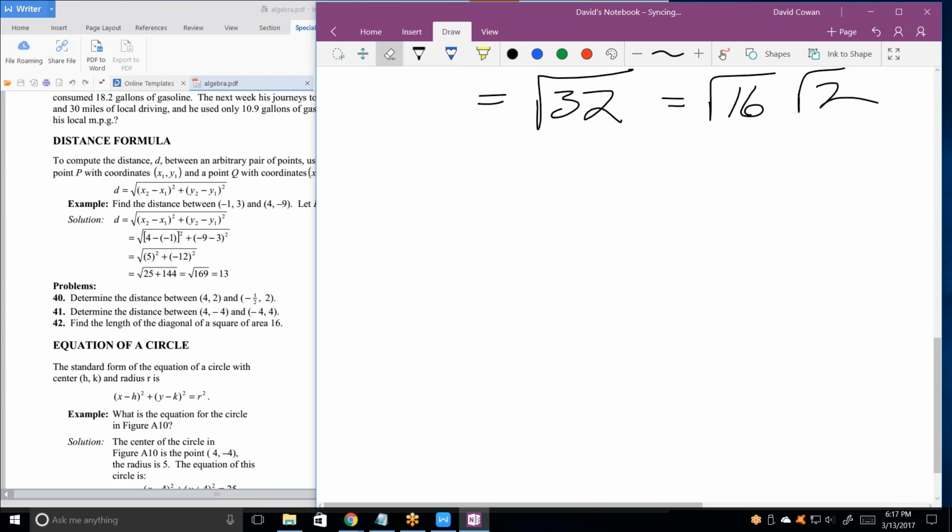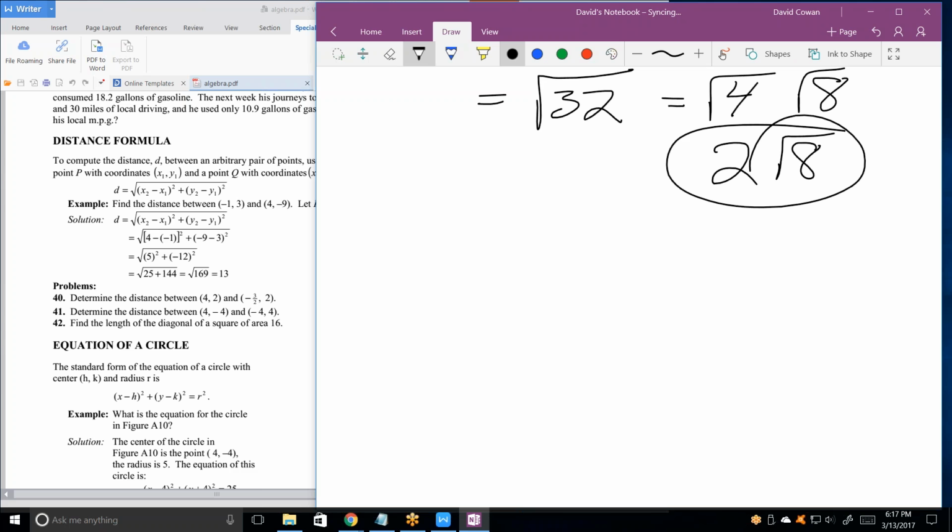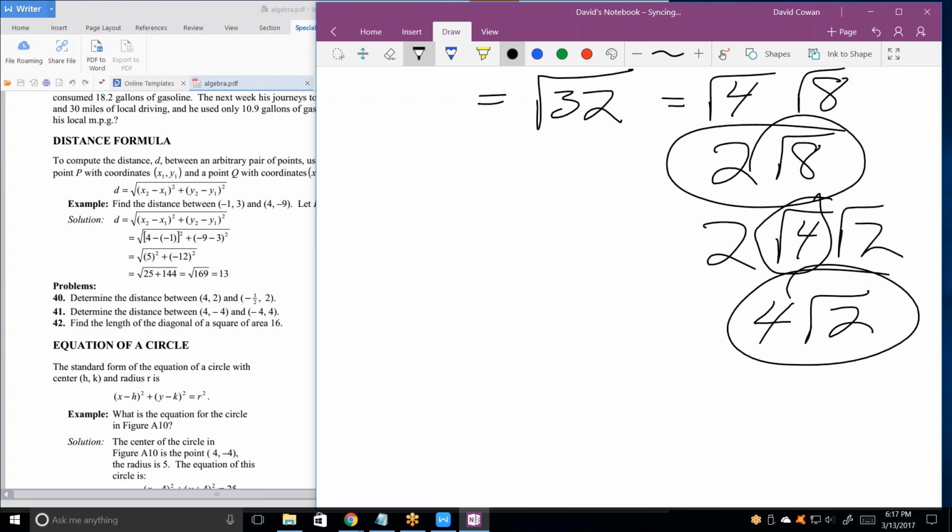Let's just talk about that for a second. I could have done 4 times 8, right? It's also 32, and that gives me 2 root 8. But that's not simplified. Root 8 is never simplified because that is 2 root 4 times root 2. That allows me to pull another 2 out, multiplied by the first 2, and I get to the right answer. So there's more than one way to simplify these things.